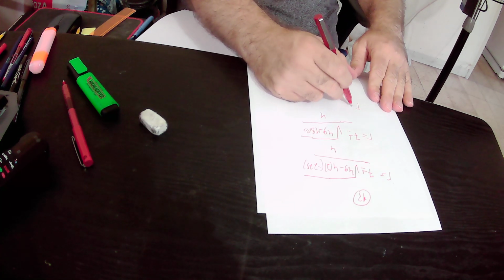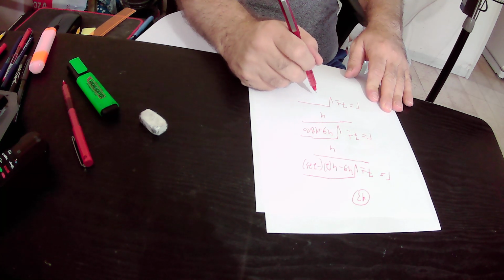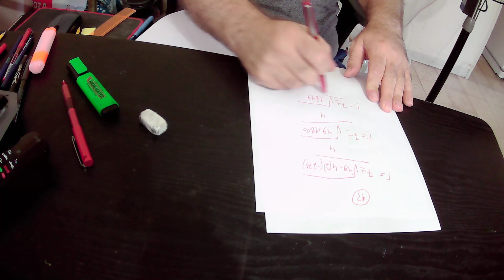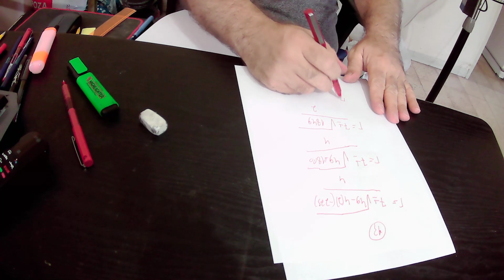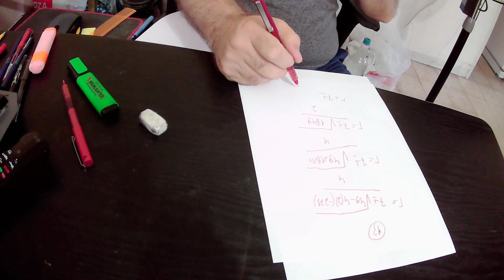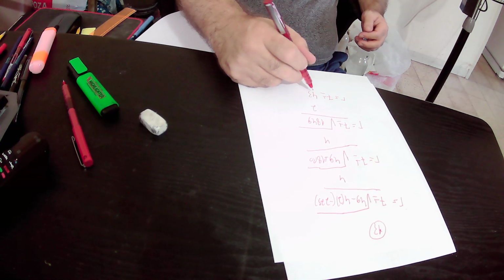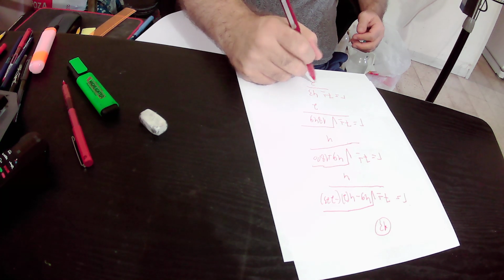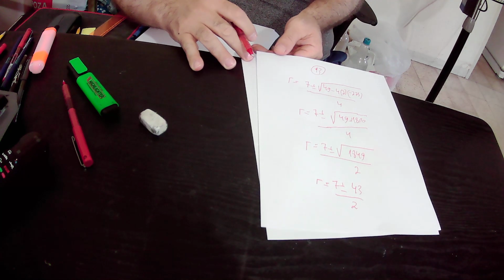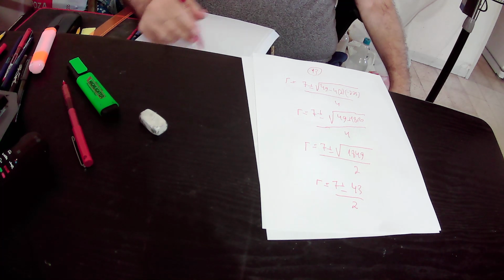So r equals 7 plus minus root of 1849 over 4, or r equals 7 plus minus the root of 1849, which is 43, over 2. So in total we got that r equals 7 plus minus 43 over 2.